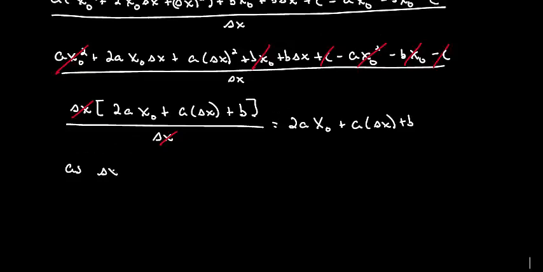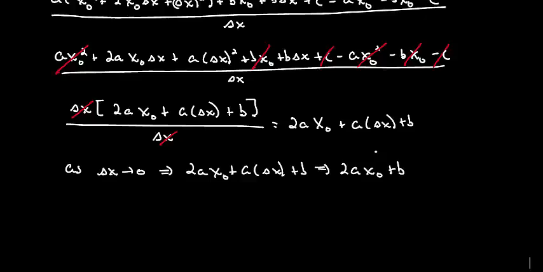As delta x gets really close to 0, 2a x naught plus a delta x plus b goes to just 2a x naught plus b.